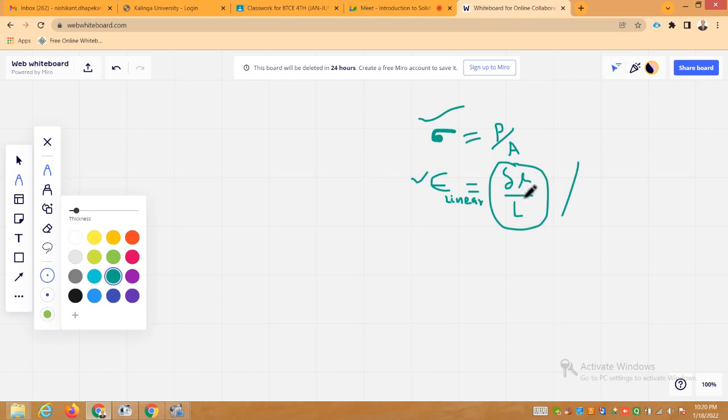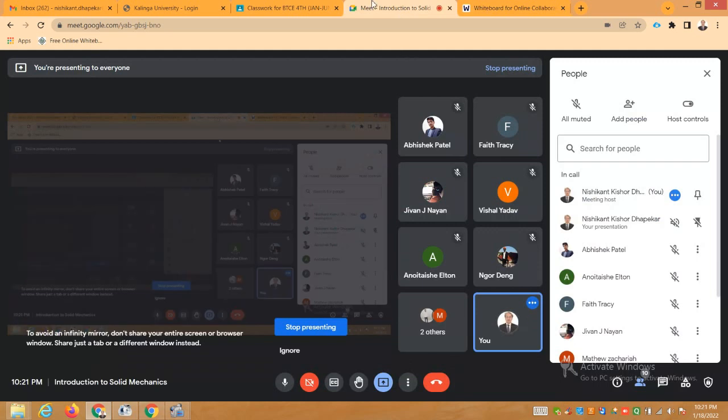If it is a pull, the length has increased by delta L, and if the length is decreasing in case of compressive load, you can calculate strain as delta L upon L, same thing, but you use a negative sign. This negative sign will indicate that the length has shortened, but the magnitude will be same and there will be no units. Strain is a unitless parameter.